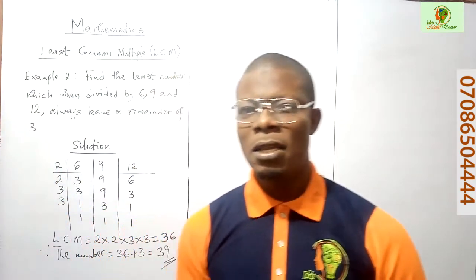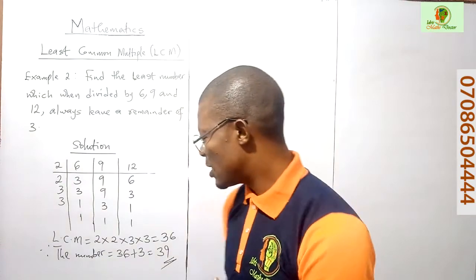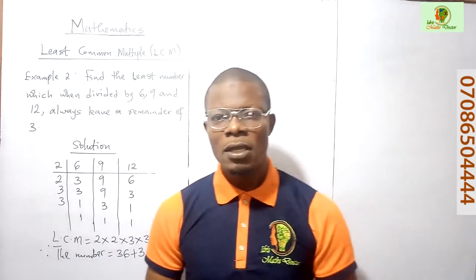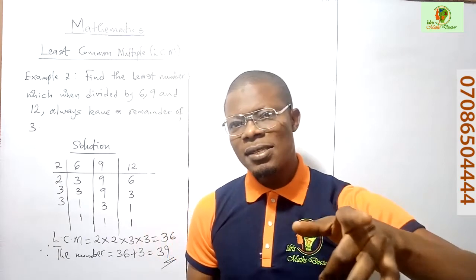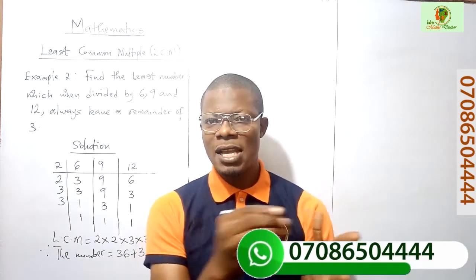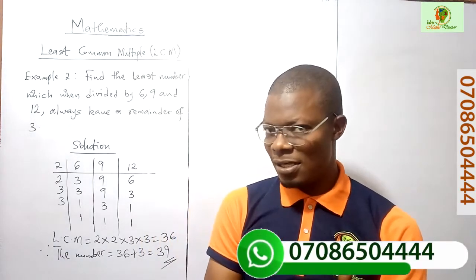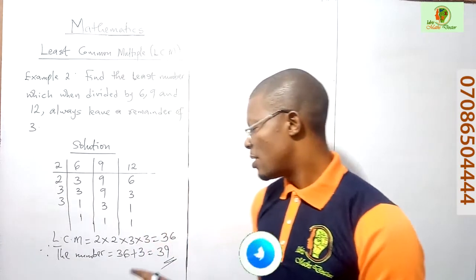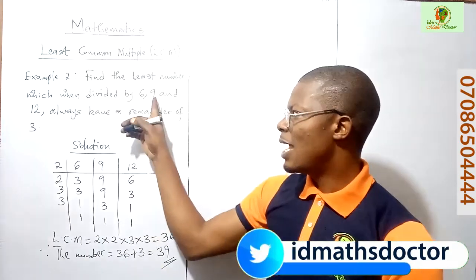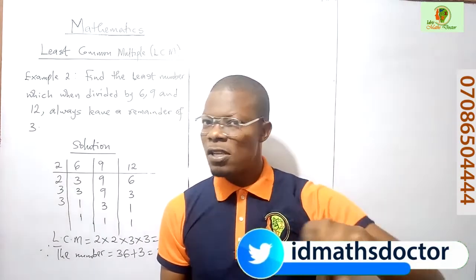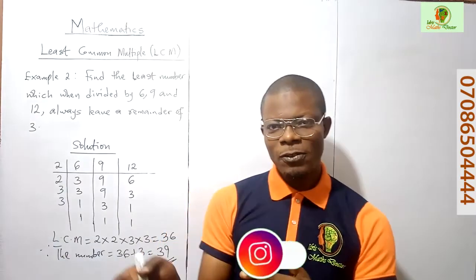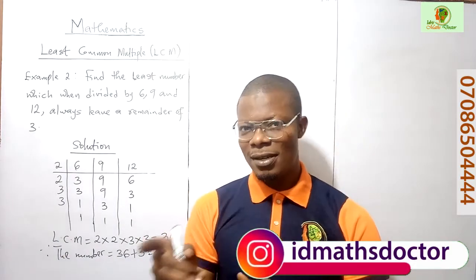Let's check. When you divide 39 by 6, it's going to give us 6 remainder 3, because 6 times 6 is 36. So remainder 3. When you divide 39 by 9, it's going to give us 4 remainder 3, because 9 times 4 is 36, remainder 3.